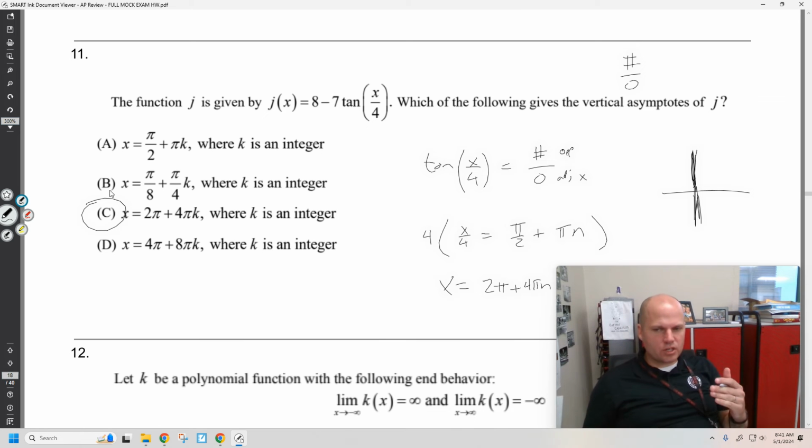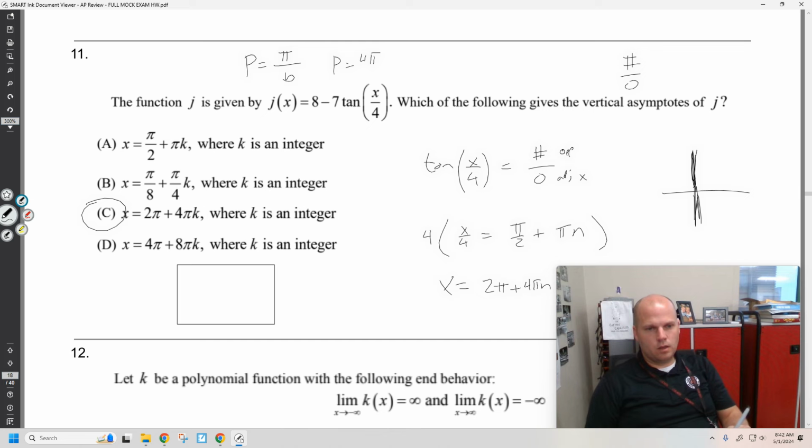It's probably easier to do that than to try to sketch with the adjustment of your period, though that is possible if you remember how to sketch. Period is pi over b. b is a fourth, so the period is 4 pi.